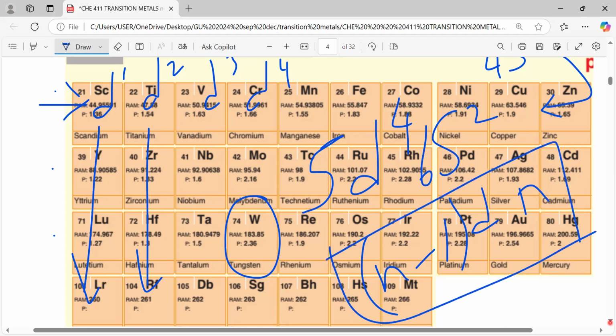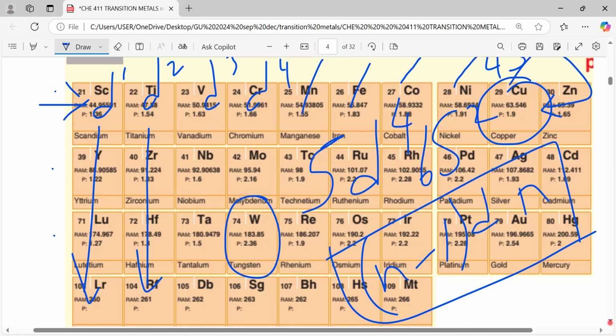At your own free time, you can do it and see whether you can get it for a random one, like copper. What's copper? This is d5, d6, d7, d8, d9.